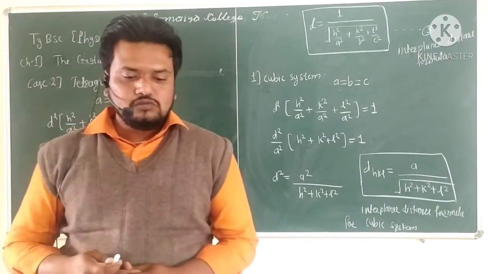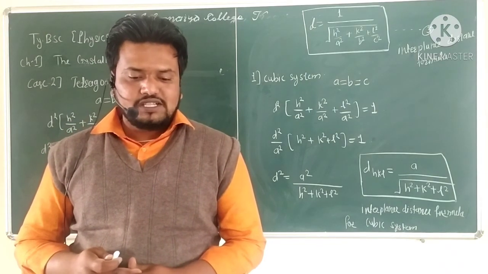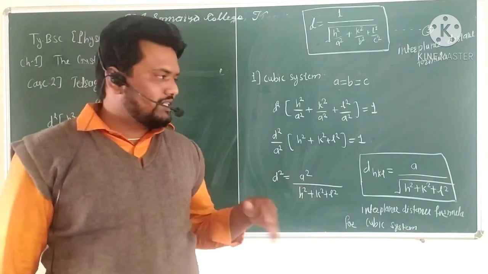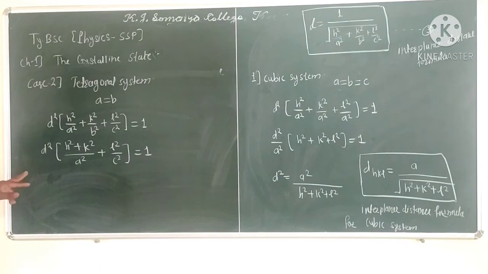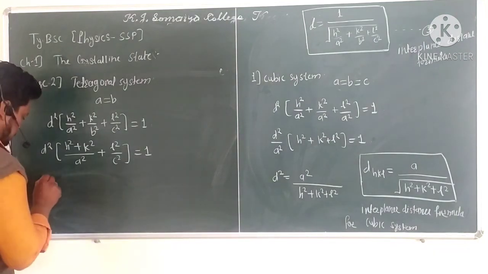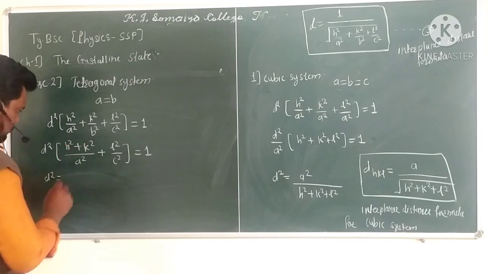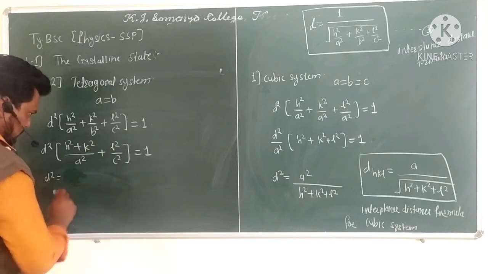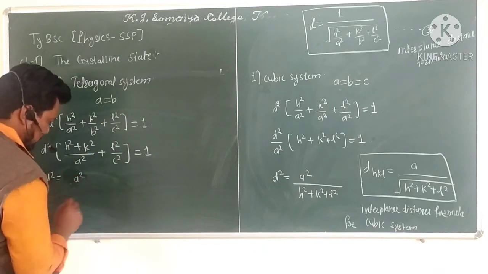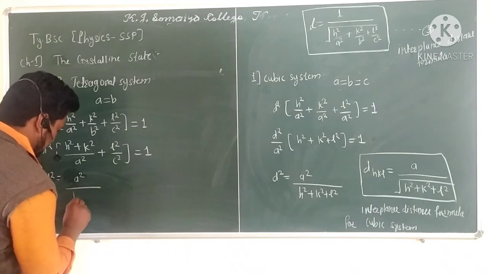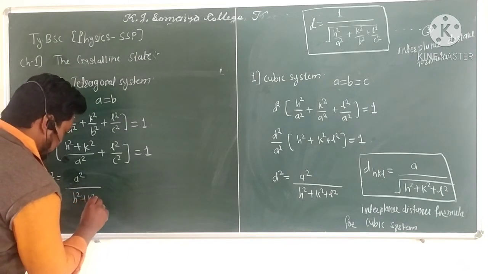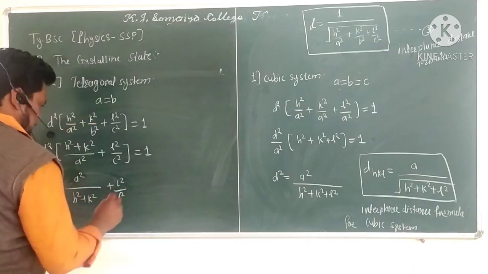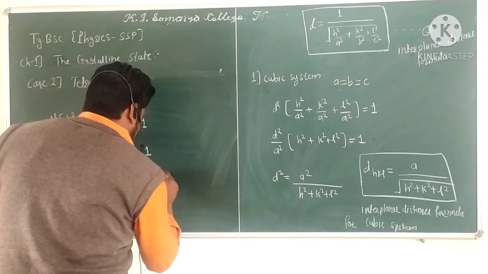So what happens here, we want to calculate d, the interplanar distance of this plane. So consider here that we want to find d square, so this side goes over there, a square divided by h square plus k square, and this is c square upon l square, and the interplanar distance formula d_HKL.